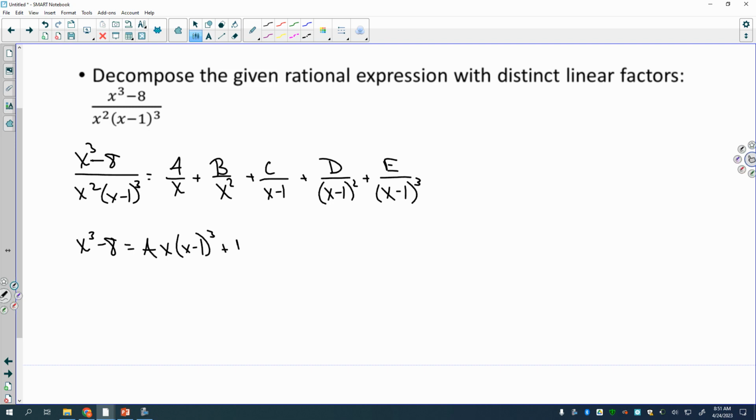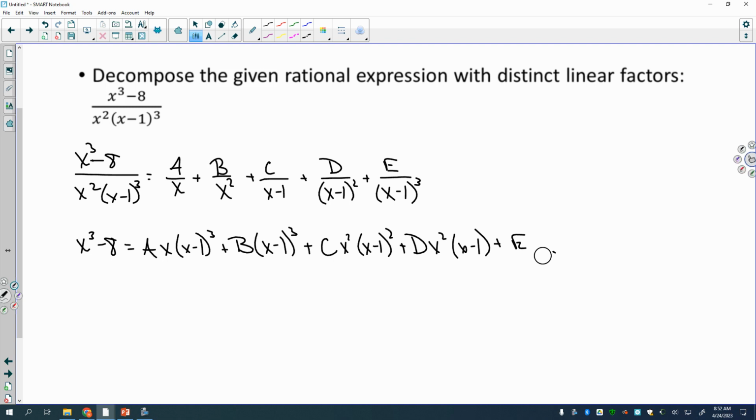Then this, and then here with the c, well, I get c times x squared times x minus 1 squared. And finally, over here at the e, I'm just left with the x squared.